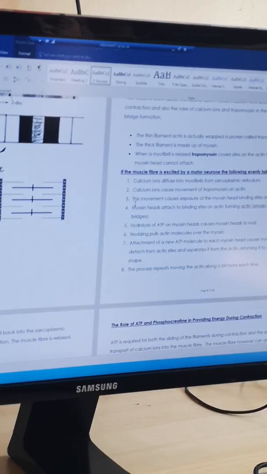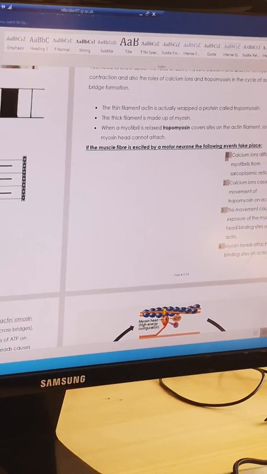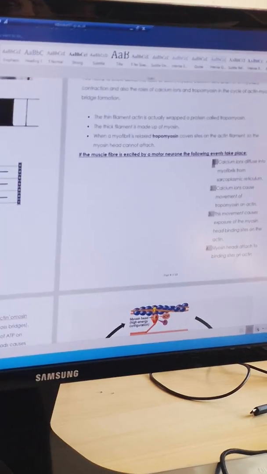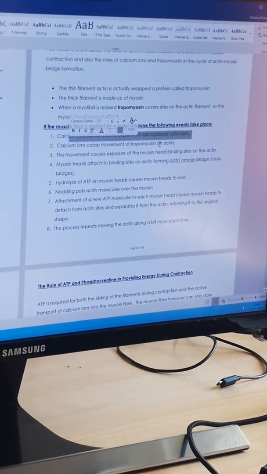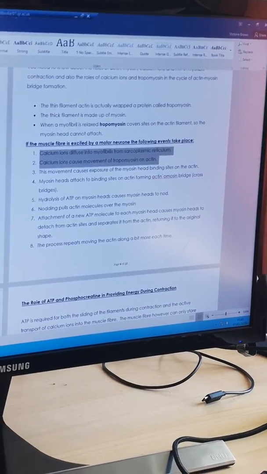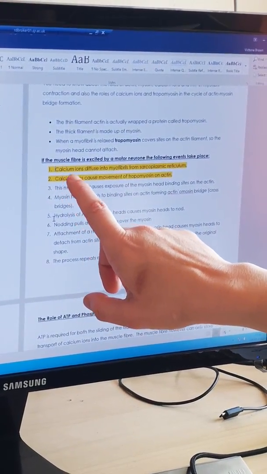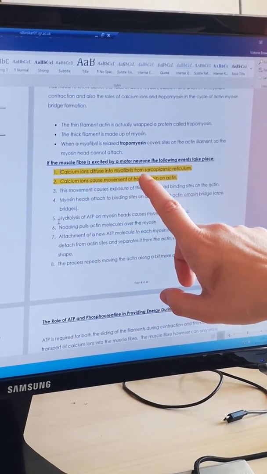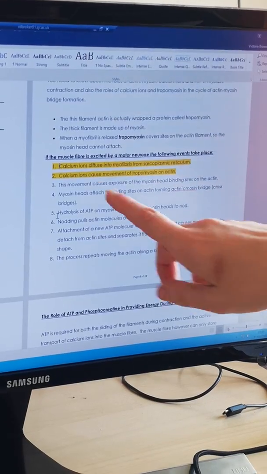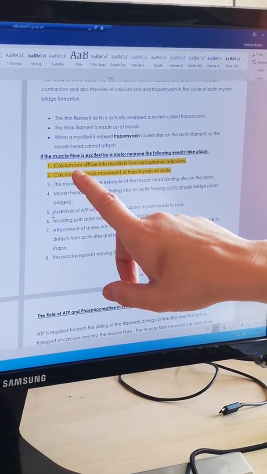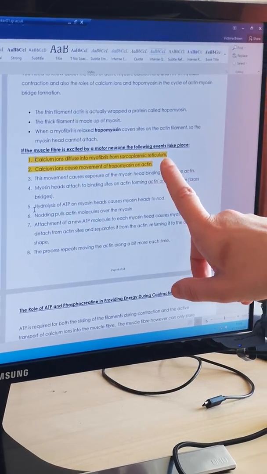So what happens? Well, the first thing to note is that it's all about calcium ions being released. When the action potential, the depolarization, arrives at the sarcomere, it spreads through the T tubules and calcium ions diffuse into the myofilaments from the sarcoplasmic reticulum.